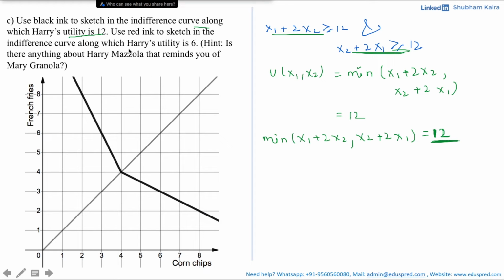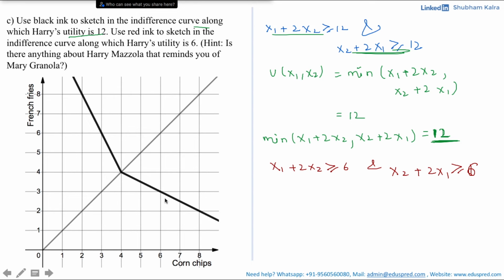Now the question says use red ink to sketch in the indifference curve along which Harry's utility is 6. Note that you do not have to repeat the entire process again, where you first draw the line x1 plus 2x2 is equal to 6 and then x2 plus 2x1 is equal to 6, then find the common region belonging to the inequalities greater than or equal to 6, and then find the minimum of the two.